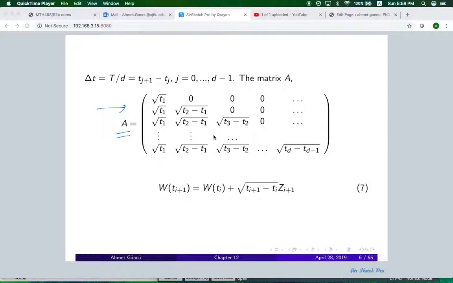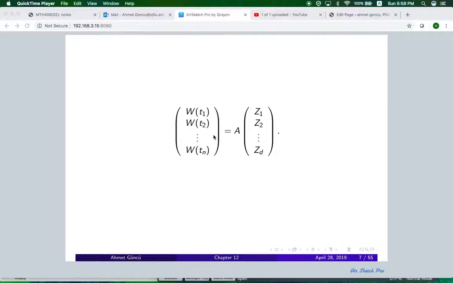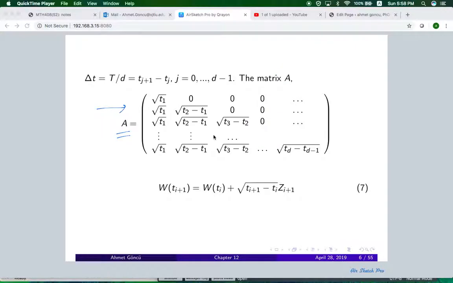And if you do the multiplication with our, so these are standard normals. Our goal is basically to get this A, and if we multiply with the vector of these standard normals, for example in the first row, we will have square root of t1 times our z vector here.